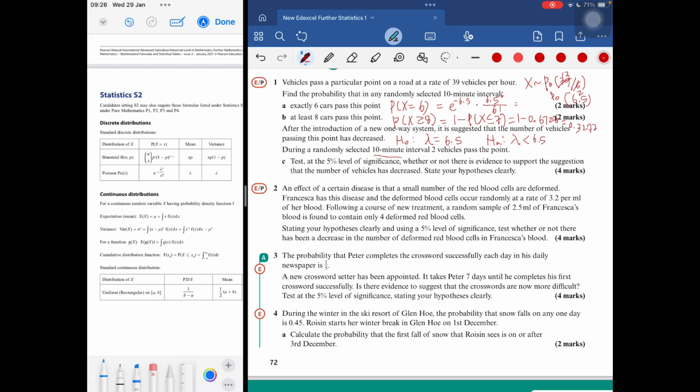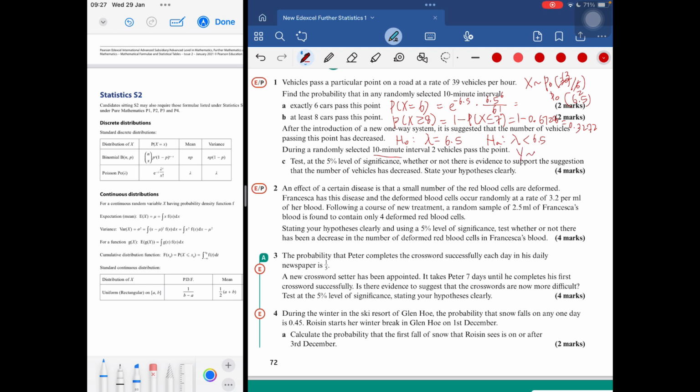So in this test we always assume the null hypothesis is true. In a randomly selected 10-minute interval, 2 vehicles pass the point. So now we have the answer.